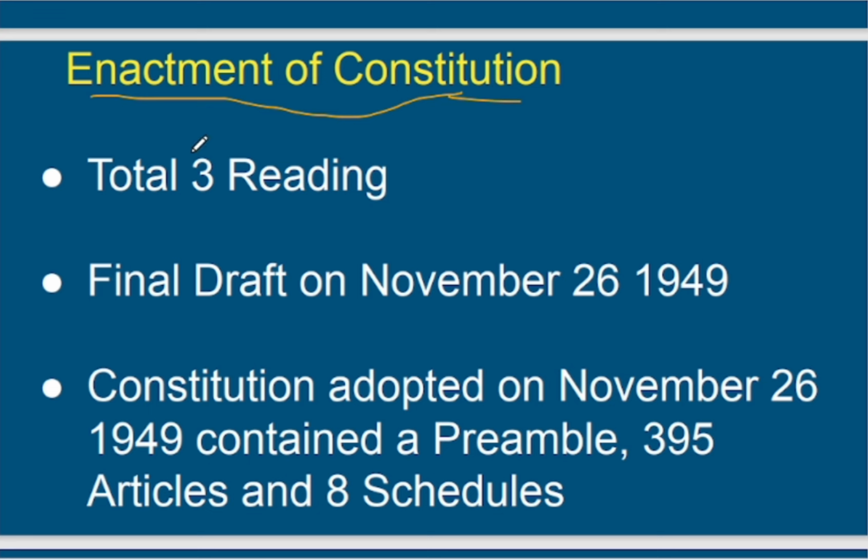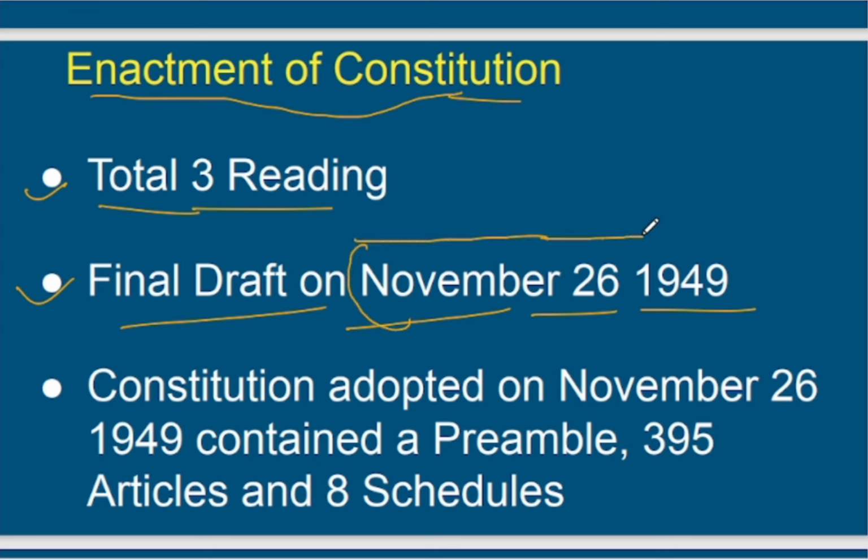What were those stages and what things happened in them? In total, there were three readings when there was this enactment of the Constitution. Then a final draft was prepared on November 26, 1949. So this is very, very important, right?